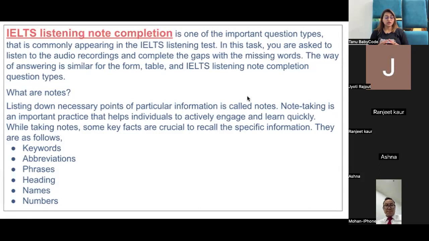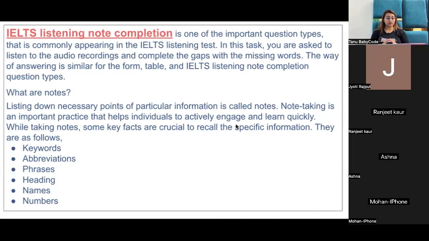What are notes? Notes are the necessary points of information, and they are called notes, right? So you can see here that note taking is an important practice that helps individuals to actively engage and learn quickly. While taking notes, some key facts are crucial to recall the specific information.